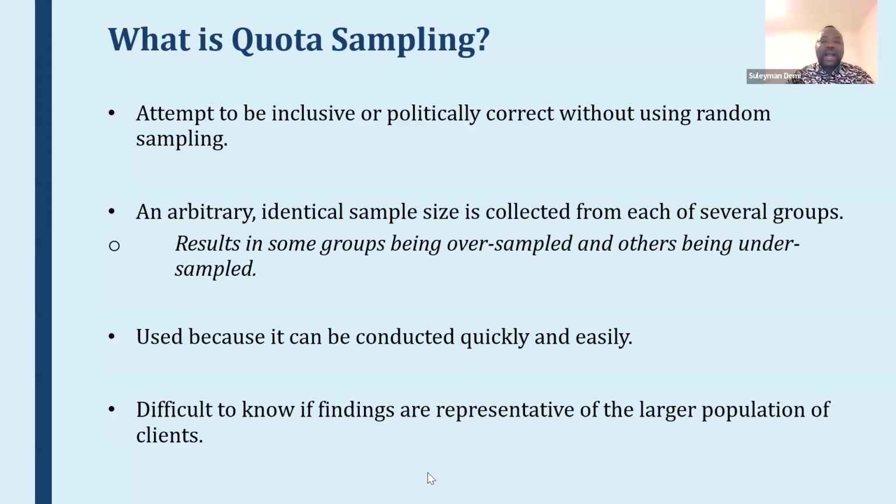All right. Then we have quota sampling. So it is an attempt to be inclusive or politically correct without using random sampling, right? An arbitrarily identical sample size is collected from each of the groups, with some groups being oversampled and others being undersampled.